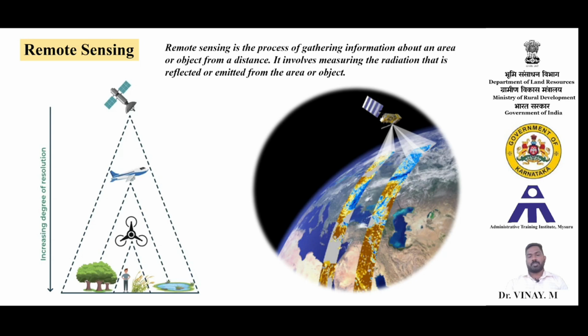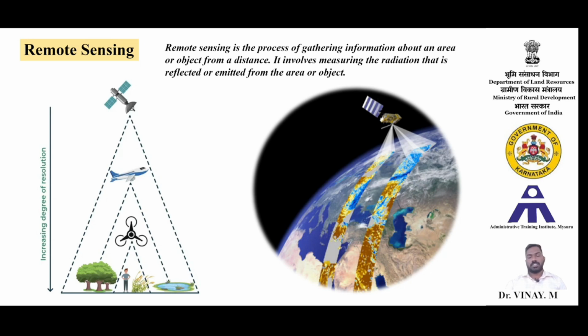Let's say the example of a spectrometer, where we use spectrometers to study the spectral reflectance and its characteristics of a plant, to discriminate its health and other properties. And if you fly a drone or an aircraft, then that becomes airborne remote sensing, where we are flying aerially. And since we use satellites, then it becomes space-borne remote sensing.